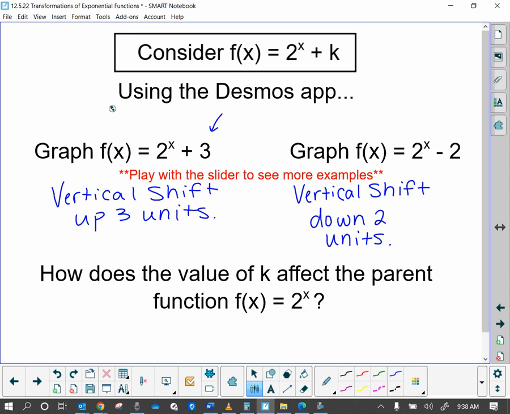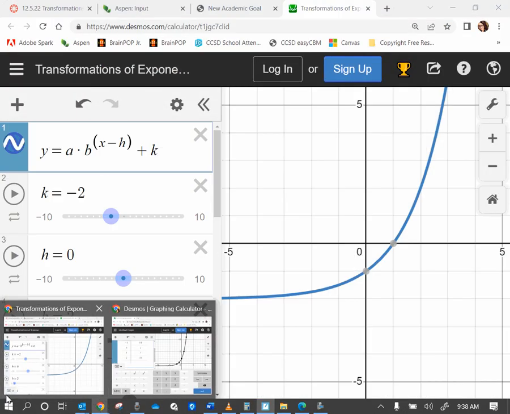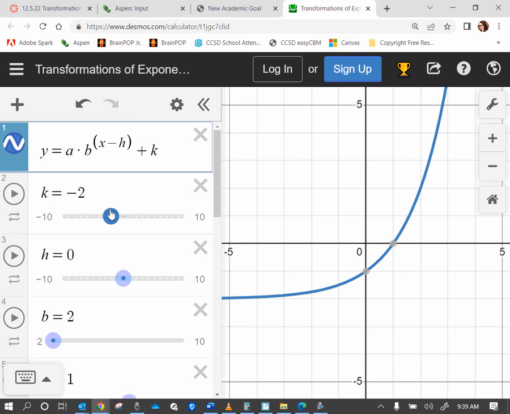Okay, something to also note when you're moving the graph up or down. Here, the asymptote is y equals 0. So when you shift it up or down, that asymptote is going to change to be whatever that k value is. So for example, here, if k is -2, your asymptote is y equals -2.